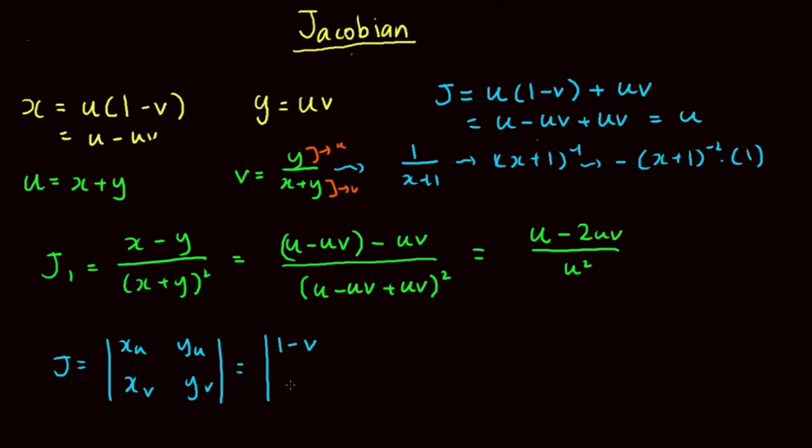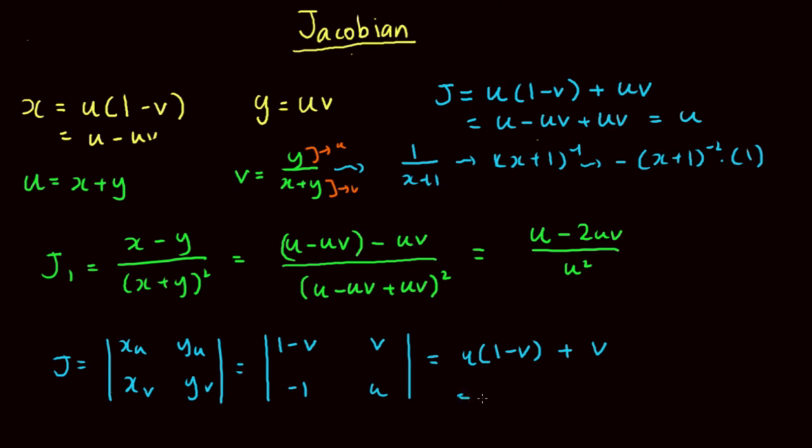Xv would be negative 1, and then yu would be v, and yv would be u. Okay, so you end up having (1 minus v) times u, plus v.